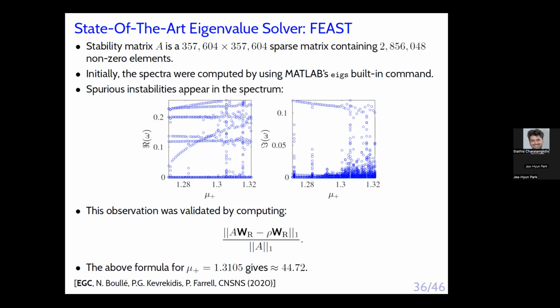You are computing not all, but let's say 100 or 200 eigenvalues. You don't need them all, because if you have any instability, those unstable eigenvalues will be really close to the origin, so you don't have to compute the entire spectrum.